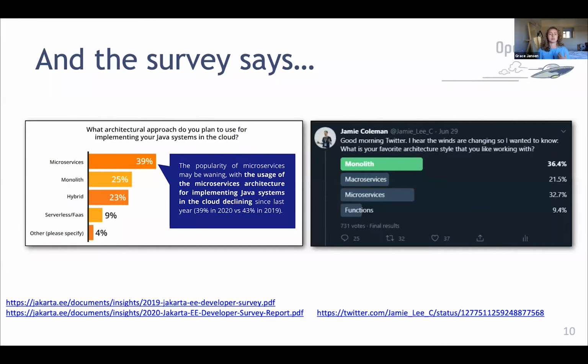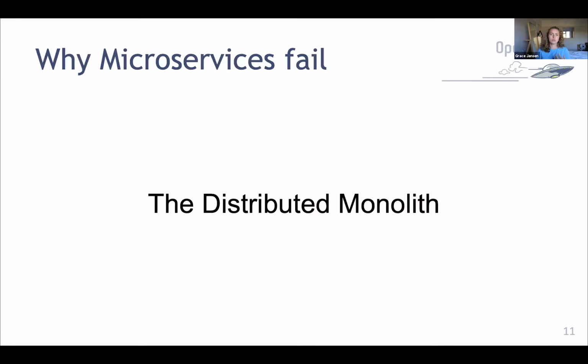And this is actually because a lot of companies, organizations, and people have been trying to follow suit from the big Netflixes and all the big corporations who have gone to microservices and shown that as a successful architectural style for themselves. They have been trying to copy that in their own organizations but aren't necessarily suited to it, and are often falling into this trap of the distributed monoliths.